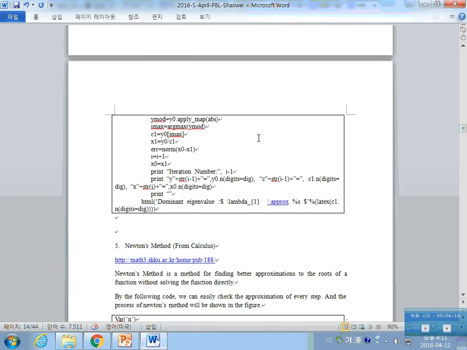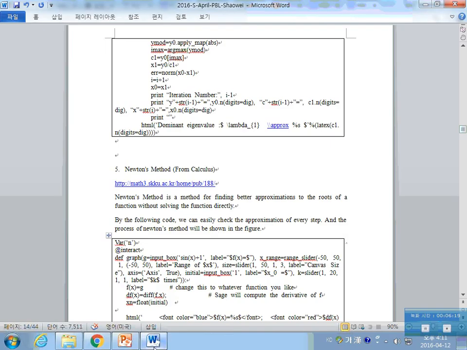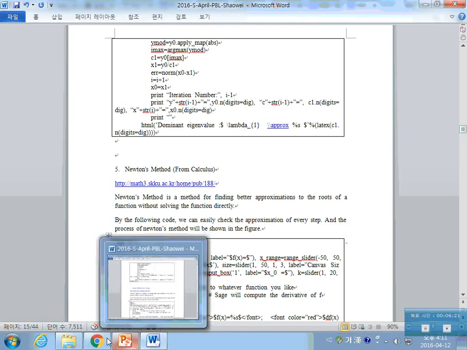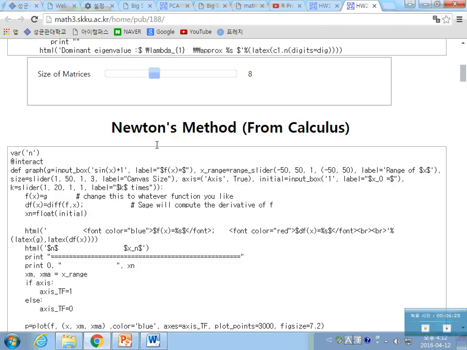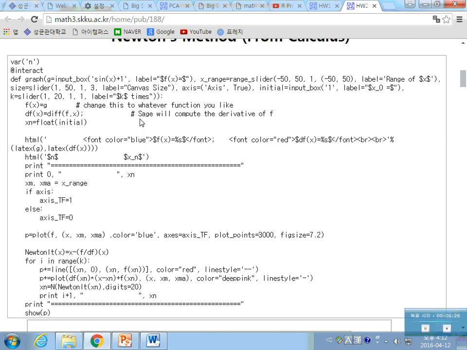There is also code for the Newton method, which I practiced with Sage. For the Newton method, we can directly use a built-in method, newton_iter.